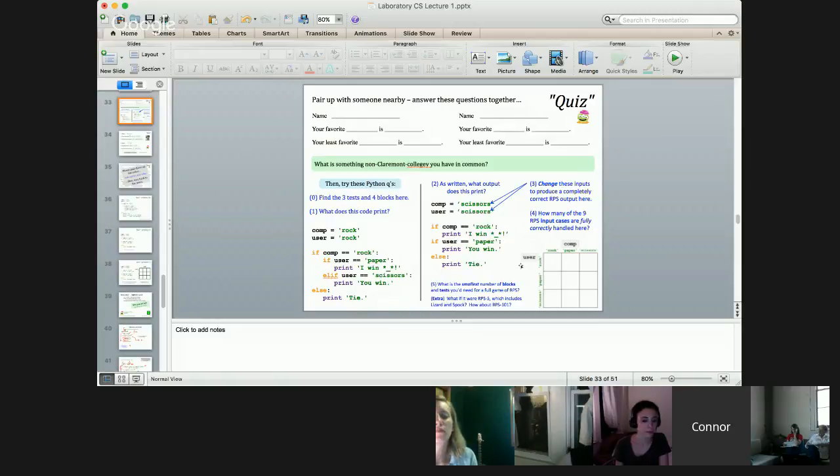Okay. Yeah, this is trickily written, so only scissors is the correct answer. The rest of them will either print the wrong answer or print out two answers.